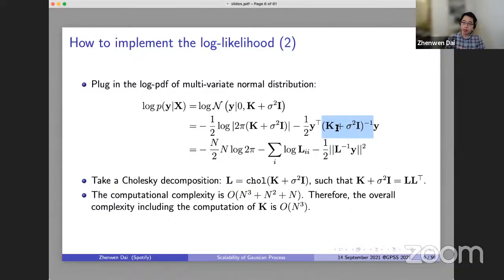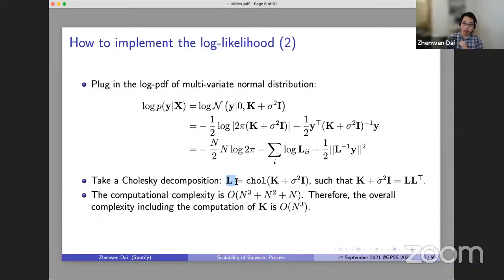Because we know it's a covariance matrix, instead of using a general purpose matrix inversion, we will use a dedicated technique called the Cholesky decomposition, because that is the most numerically stable routine for inverting a positive definite matrix or covariance matrix. The way such a calculation happens is that we first calculate the Cholesky factor of this covariance matrix, which we denote as L, a lower triangular matrix.